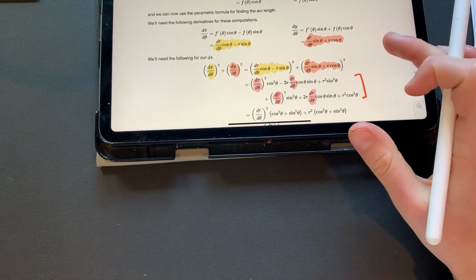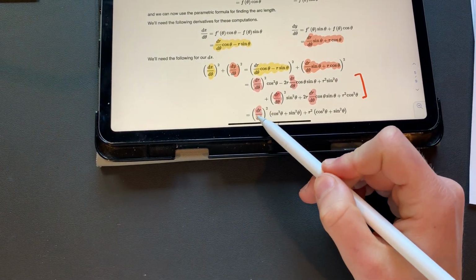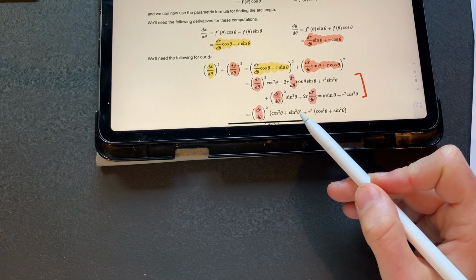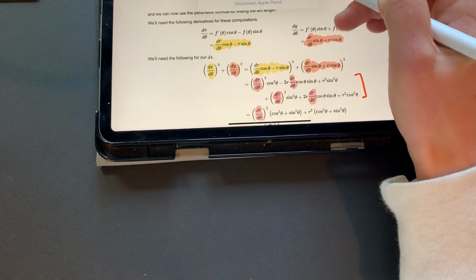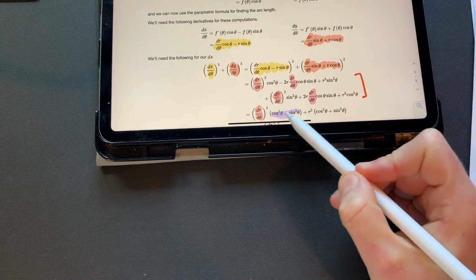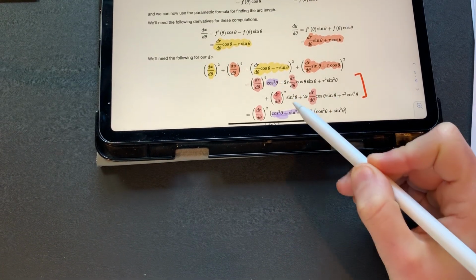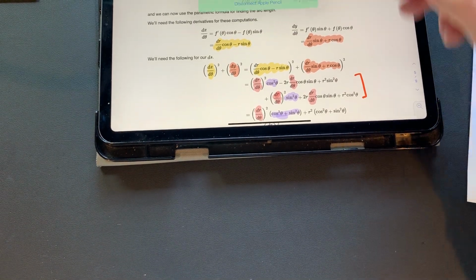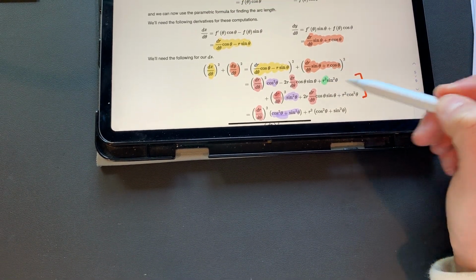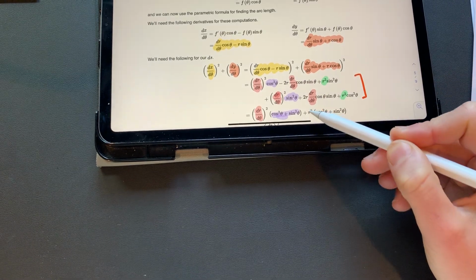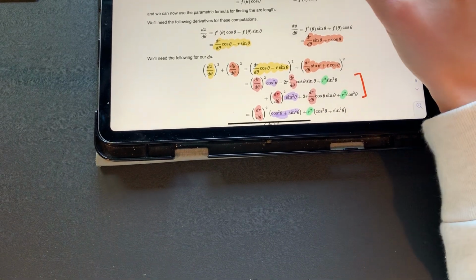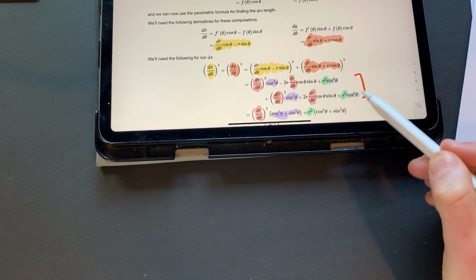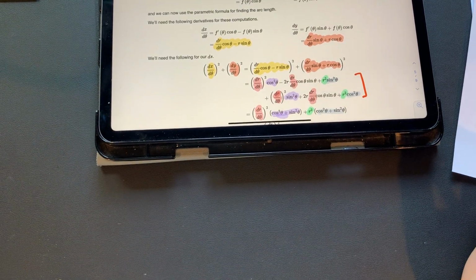This is going to be equal to dr d theta squared times cosine squared theta plus sine squared theta. So this comes from here and here. And then we also have some r squareds here, r squared here, and r squared here. So we'll have r squared times sine squared theta plus cosine squared theta.